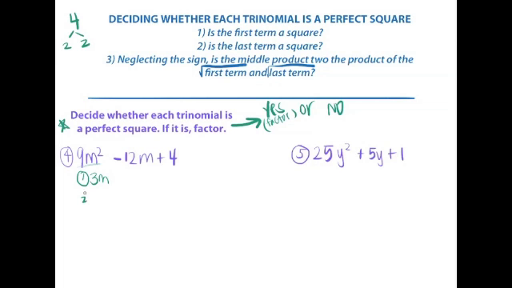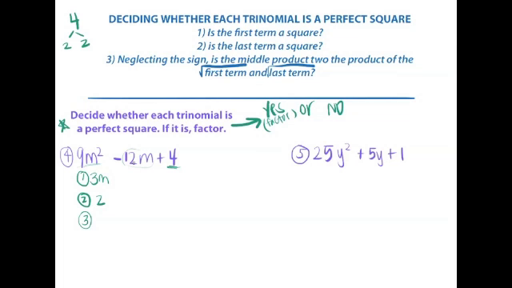Second step, I ask you, can the last term be a square? Which is just 4. So yes, and the square root of 4 is 2. The last thing I ask you, neglecting the sign, so we don't care right now whether it's minus or plus, all I care about is just this middle part here.